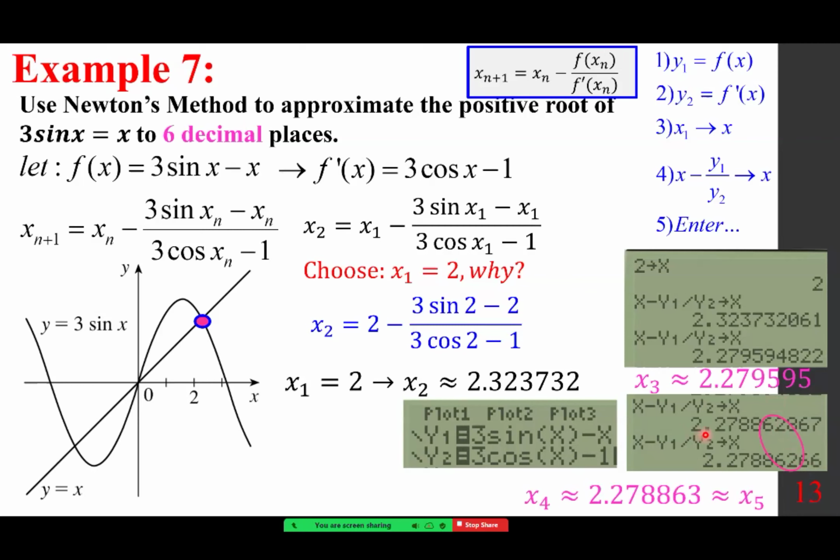So take a look, 2.27886. 2 changes to 3 because next to it is a number larger than 5, as long as the number is 5 or larger. So you want to be very careful with your rounding. So you're going to say the answer is x sub 4, 2.2788663, which is almost the same as x sub 5. And we're done with that.